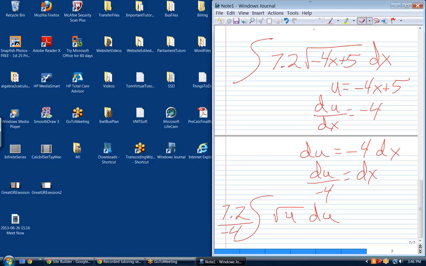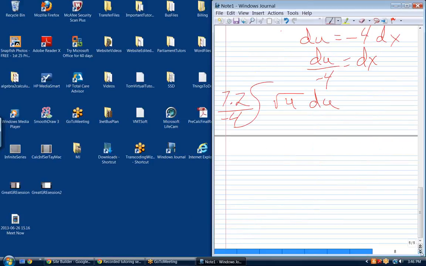Okay, so I'll leave that there. What's the integral of u to the 1/2? Use just the power rule.